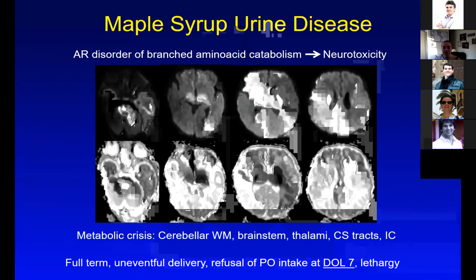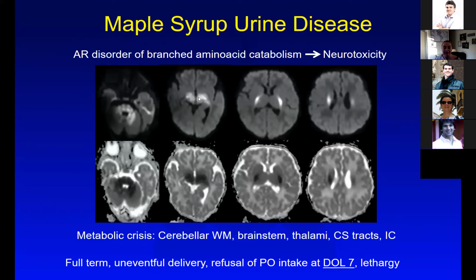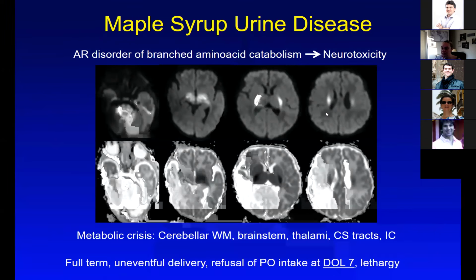And in this child, you can see it in some critical areas, the cerebellar white matter, the brainstem region, the thalamus, corticospinal tracts, and sometimes the restricted diffusion, especially in the thalamus and the corticospinal tract, can raise the concern for HIE. But I think the imaging pattern is obviously different, and in addition to that, the clinical presentation is quite helpful.